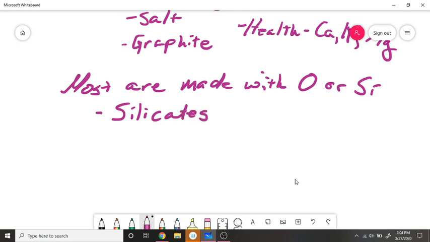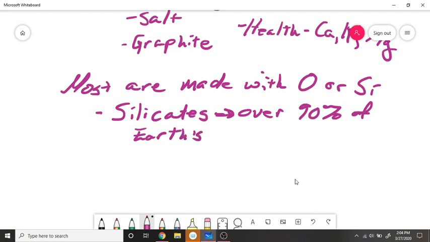And silicates make up over 90% of the Earth's crust. So they are very common.